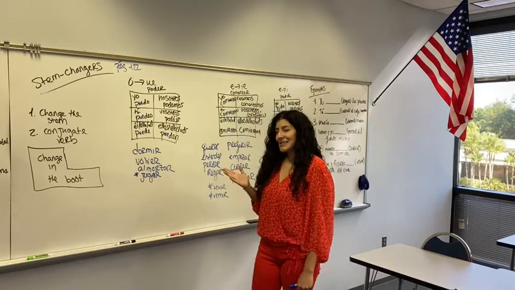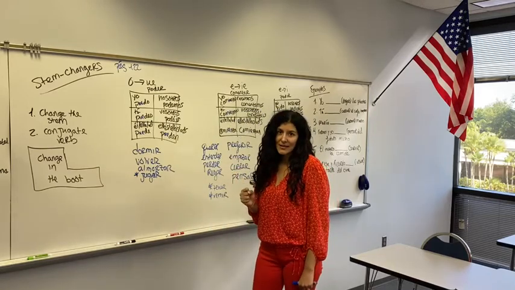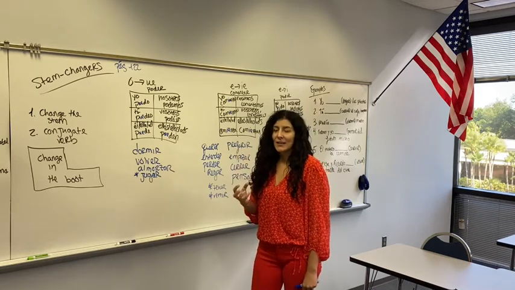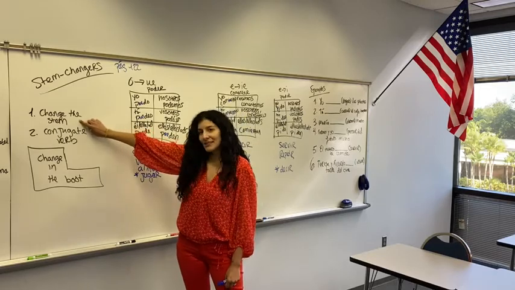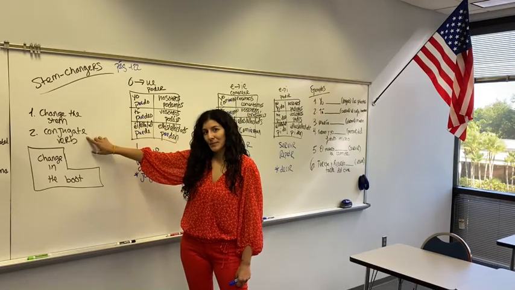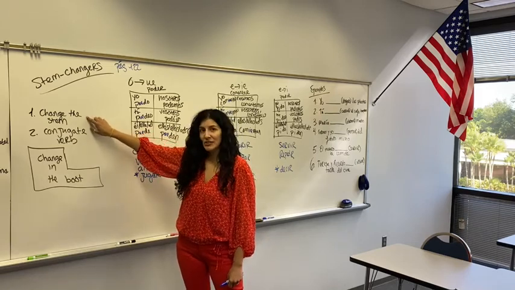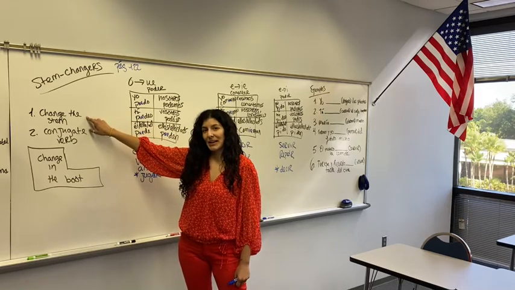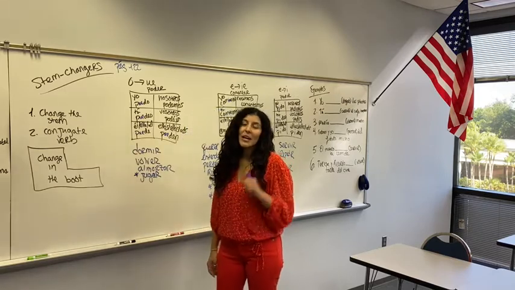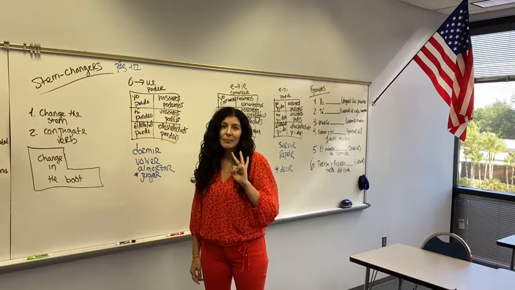In this case, stem changers tell us that before we can even add on the ending, we must change the stem before we are able to conjugate the verb. So how do we change the stem? That's the question we want to ask ourselves. Well, first, stem changers operate in three distinct patterns.